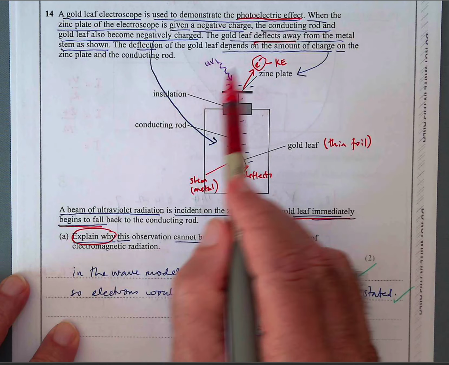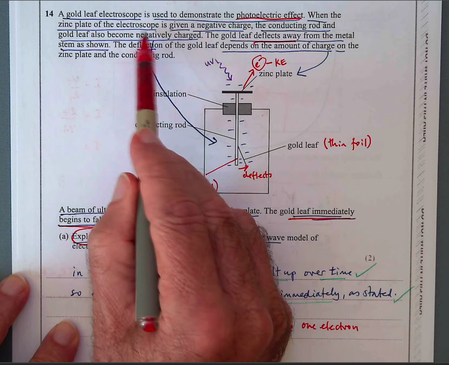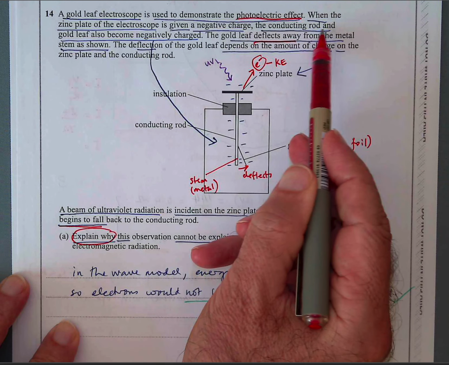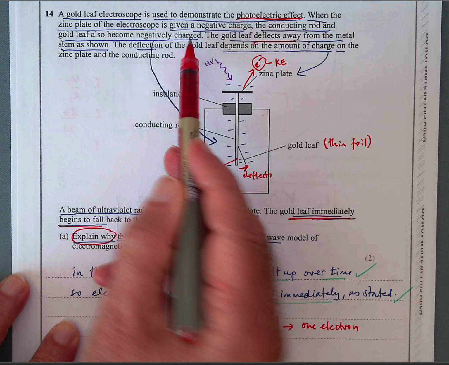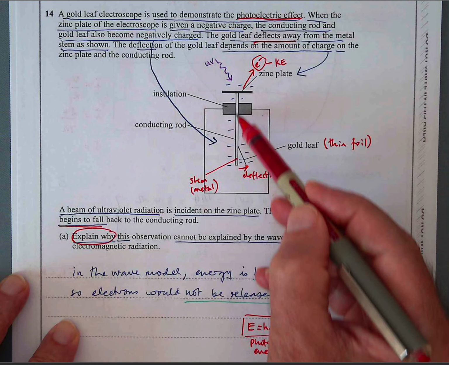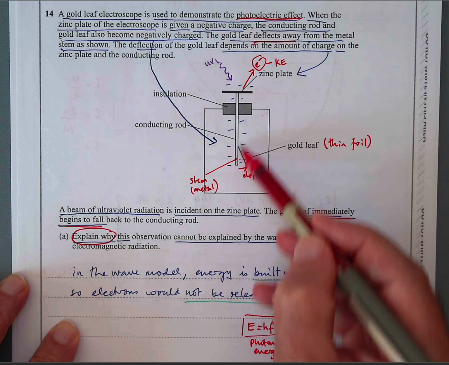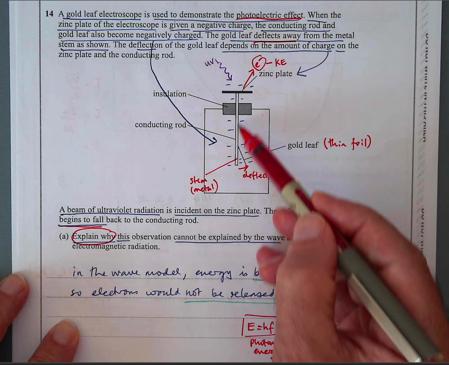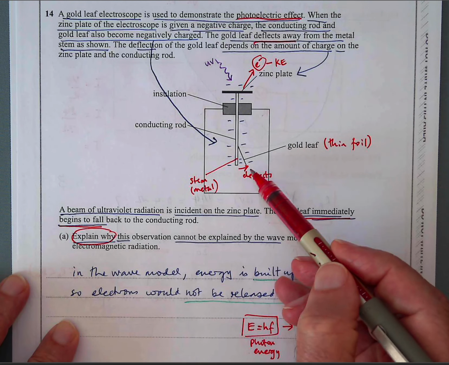When the zinc plate of the electroscope, which is on the top, is given a negative charge, the conducting rod and the gold leaf also become negatively charged. Because it's a conductor all the way down, this is probably made of steel, it will all become negative, and the negative charges will spread out over that area.